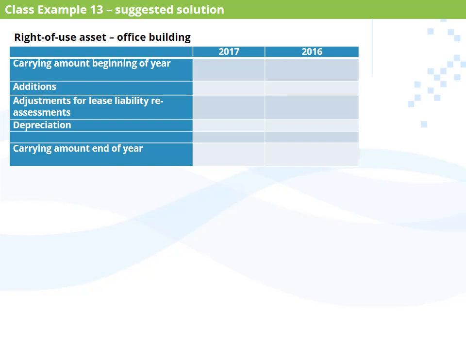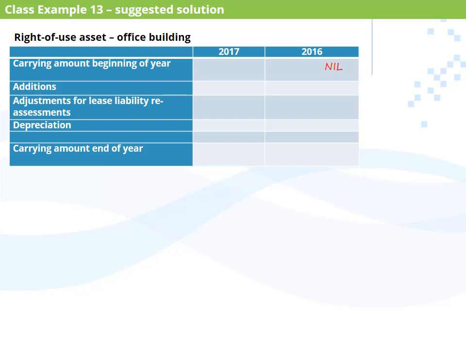Remember, in terms of the IS1, the conceptual framework, a set of financial statements always has a comparative, and the notes also include that comparative. So that's why we have a 2017 column and a 2016 column. Because this lease was entered into on 1 January 2016, the carrying amount at the beginning of 2016 was nil.